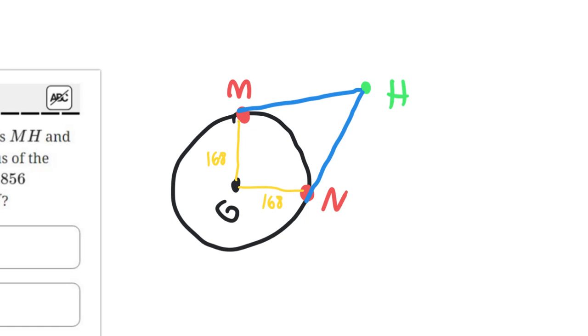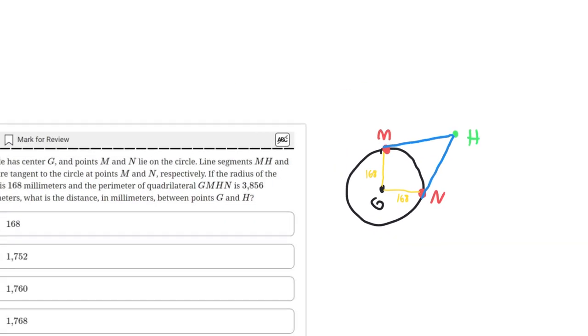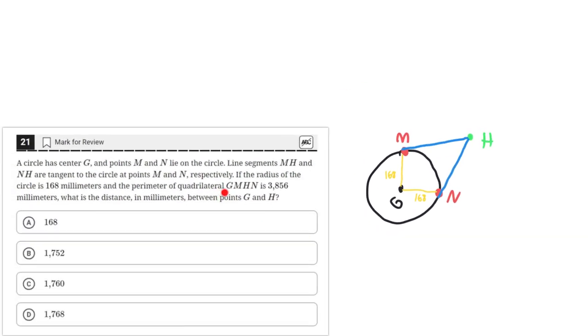Well, the reason I'm choosing to connect those is because, first of all, they're mentioning a quadrilateral called GMHN. Well, I just formed it, didn't I? I just formed GMHN, right? And a quadrilateral is a four-sided figure. So that's one reason I chose to draw those radii, such that they connect from the center to these points, because I foresaw that I'd be drawing a quadrilateral.